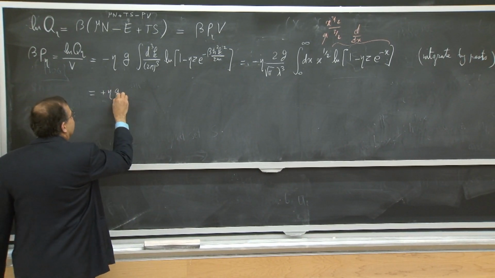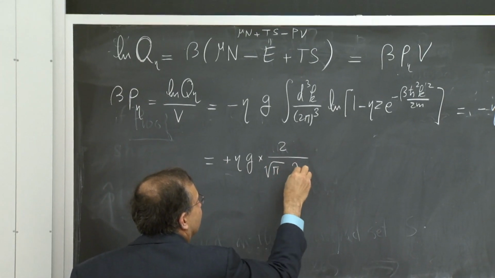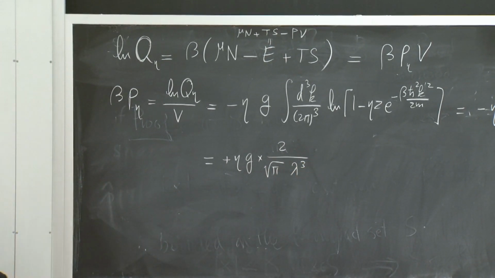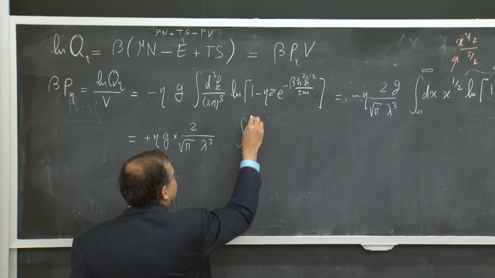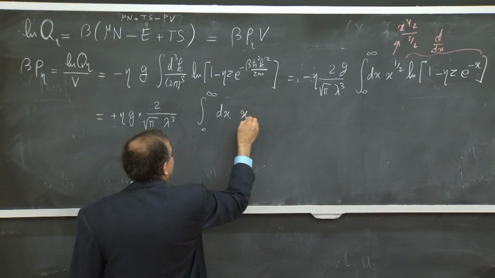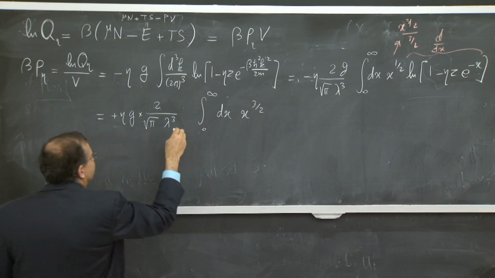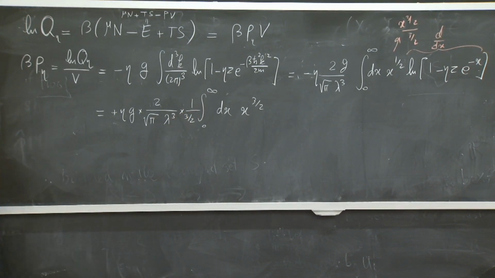Make sure I have the g this time. 2 over root pi lambda cubed. I have the integral from 0 to infinity dx. x to the 1/2 became x to the 3/2. The 3/2 I will bring out front, so I have 1 over 3/2 here.